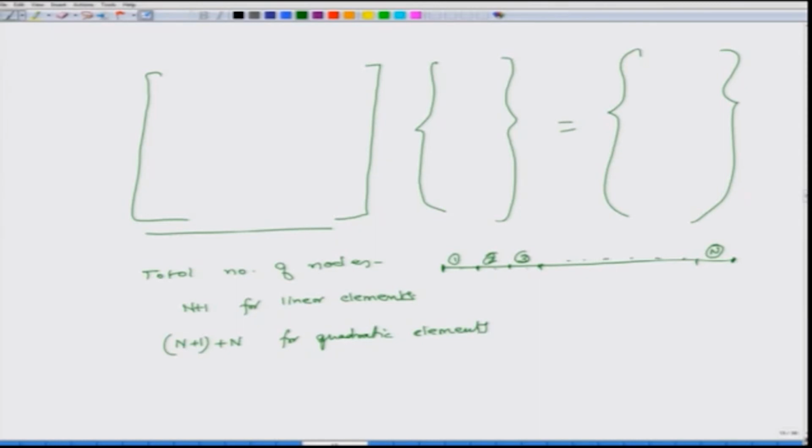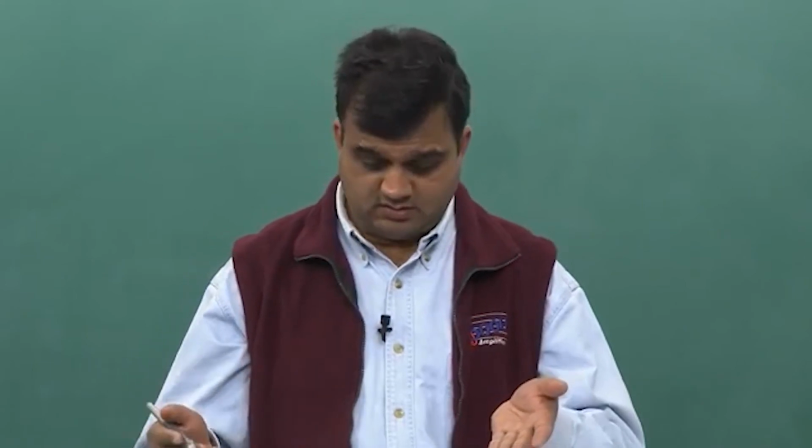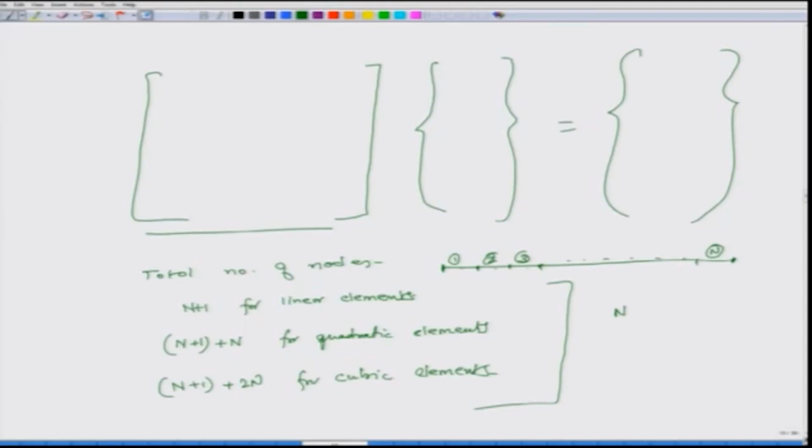If it is a cubic element, then it will be n plus 1 plus 2n. Agreed? So the size of the matrix will be based on how many elements we have and the order of each element. It will depend on the number of elements and the order.